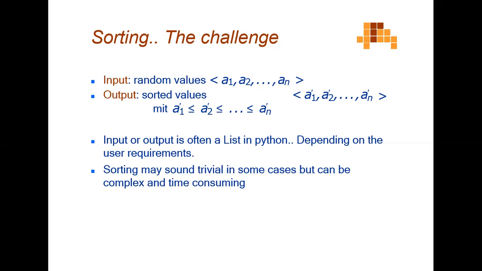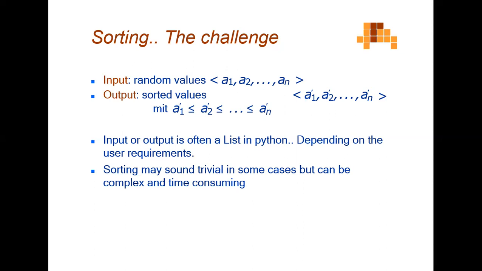This is very important to understand, because most people think, okay, I would always use the same sorting algorithm. But if your data is different from other places, this can be very, very difficult.